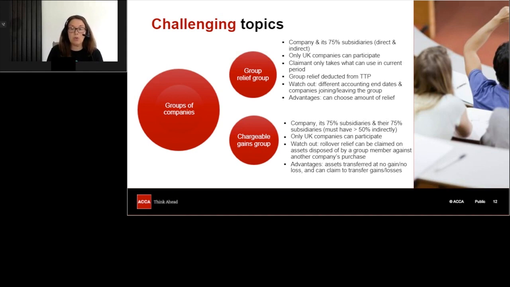We need to not only check that there's a 75% link at least between each company at each stage, we need to check from the top company down to the bottom company, is there at least 51% shareholding from top to bottom, as in does company A at the top have more than 50% of the shares indirectly with the company at the bottom, which in that example I've just given you is company D.